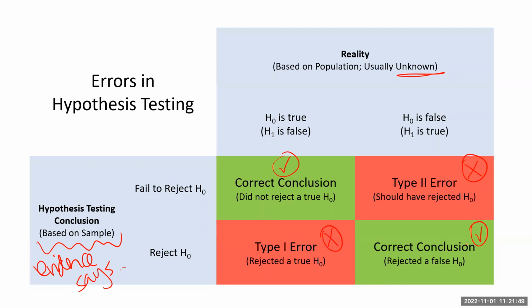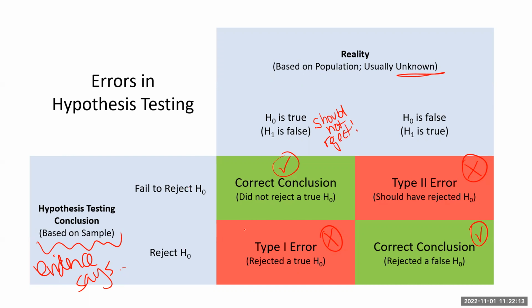Now, I get it. Your brains might be hurting a little bit, okay? Think about it like this. If your null hypothesis is true, then your alternative must be false. In reality, we should not reject. Because we know that it's true, we shouldn't throw it out. So if we fail to reject, we did the right thing.